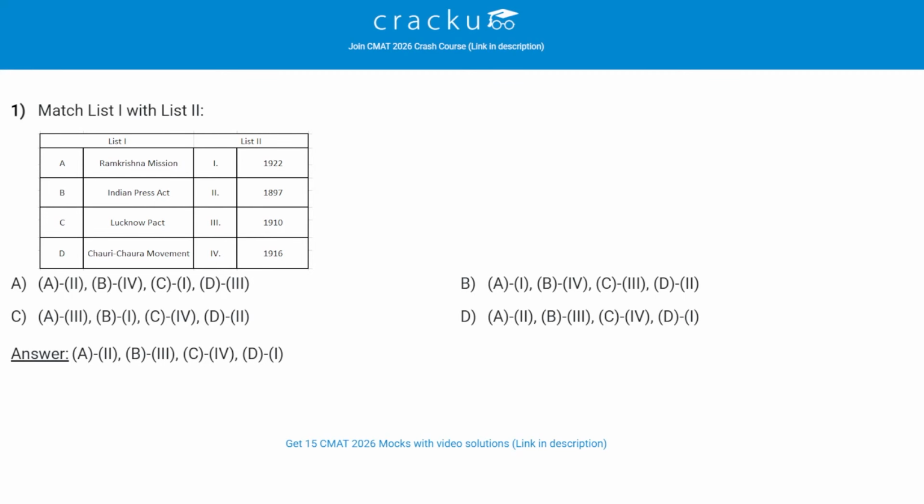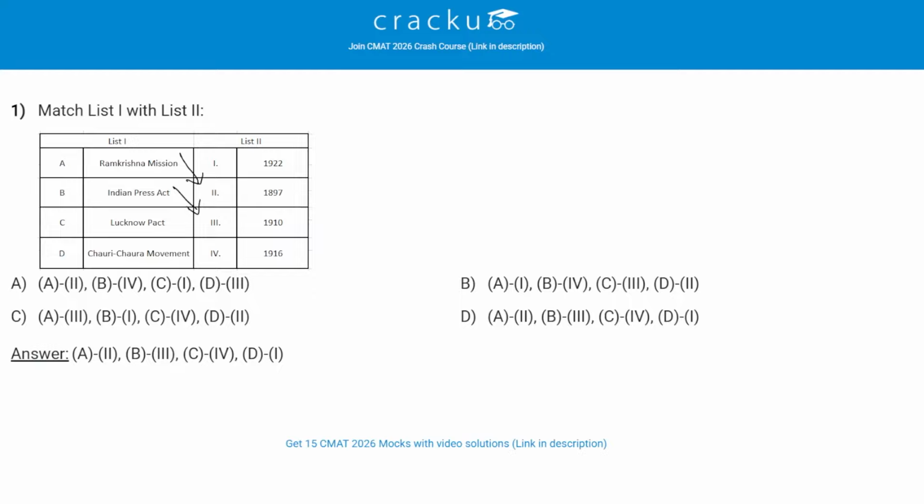The first question gives us the names of some events and the years of their establishment. Ramakrishna Mission was established in 1897. Indian Press Act was done in 1910.